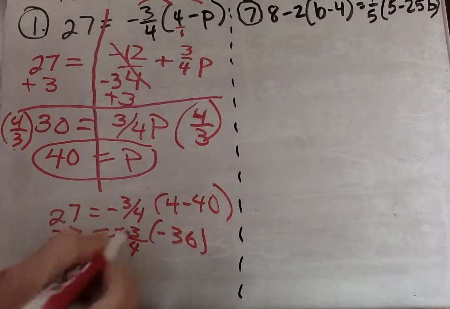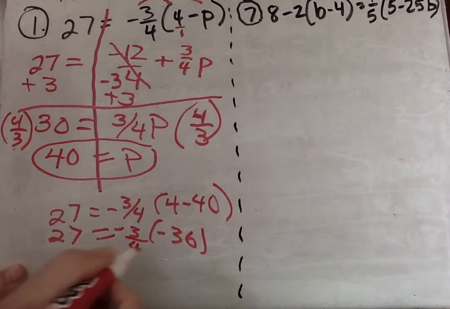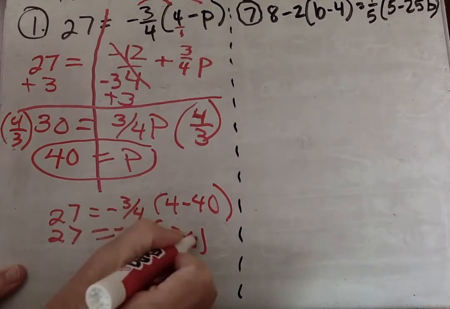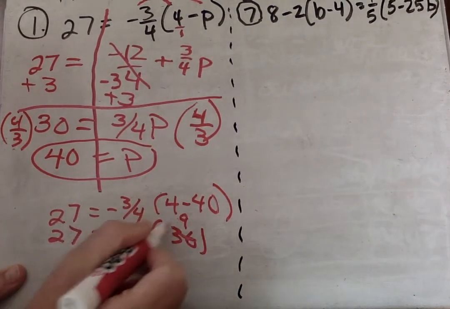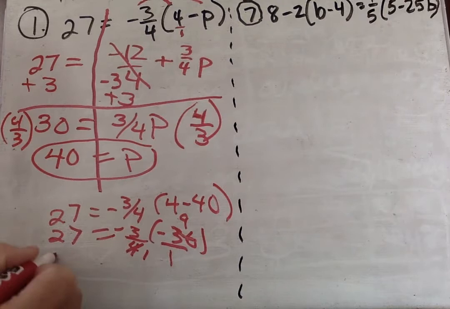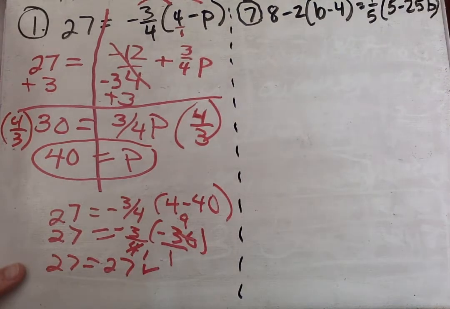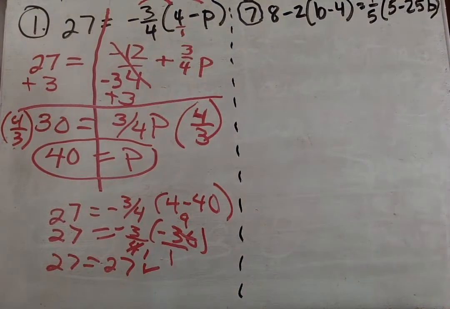And I forgot that negative sign. Okay, so that'll be 9. 4 goes into 4 once, 4 goes into 36 9 times. I'm cross-canceling. So 27 equals 27, so it does check, and I know I have the right answer. Okay, so that's how you do number 1.